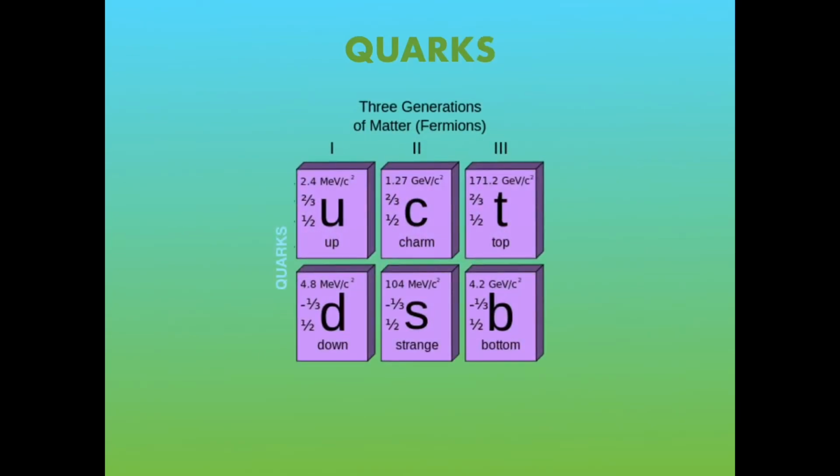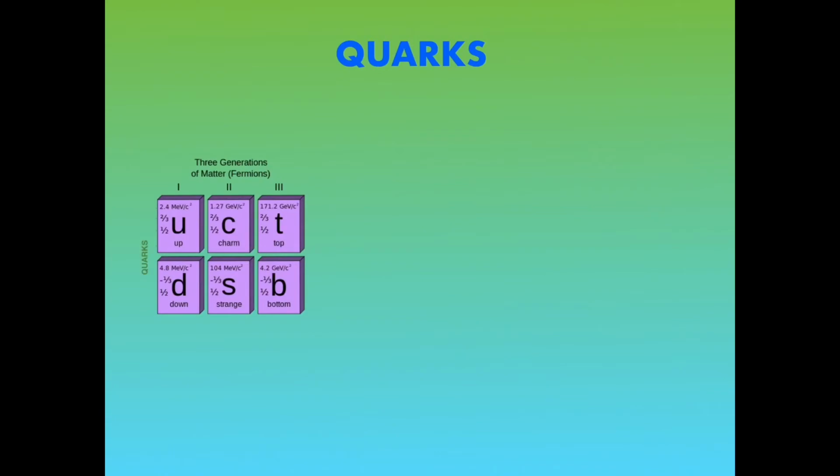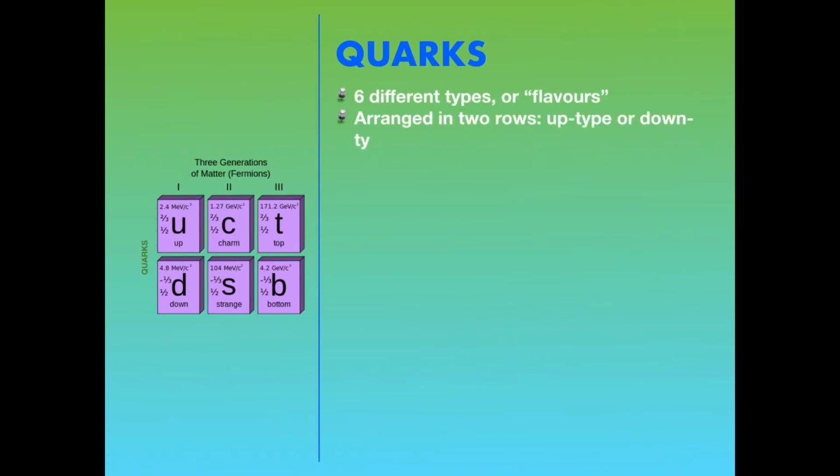Let's refer to a half chopped up version of our diagram here. From this we can see that there are different ways to arrange quarks. There are many things about quarks. First of all, they come in 6 different types: up, charm, top, down, strange, and bottom. They can be arranged in 2 rows, up type or down type.